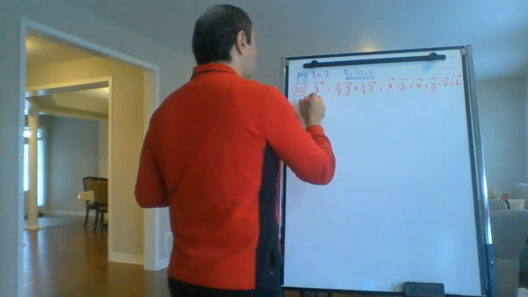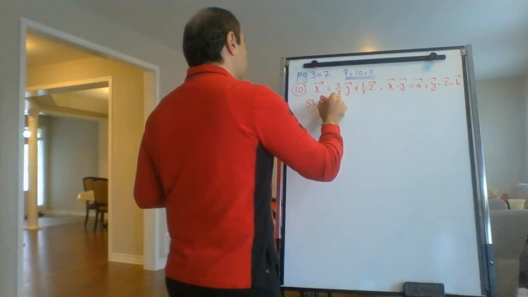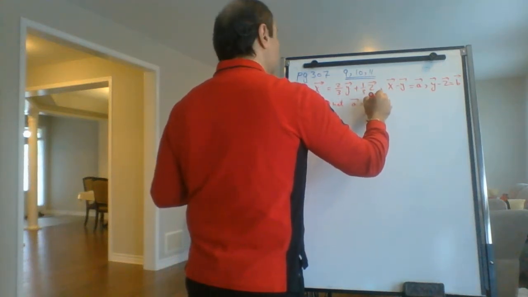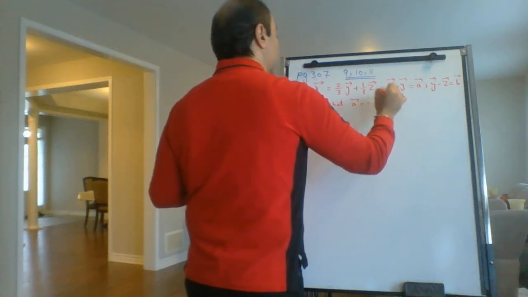We need to show that vector a equal -1 over 3 vector b.